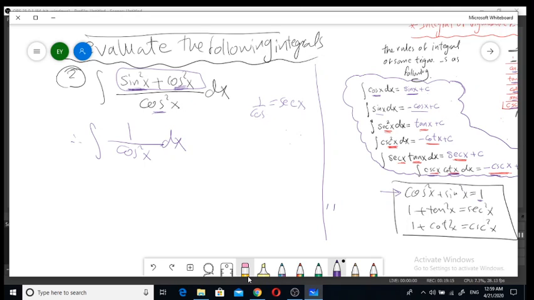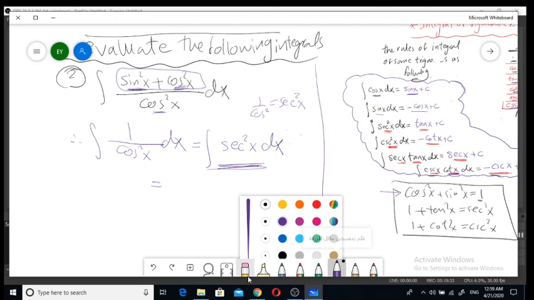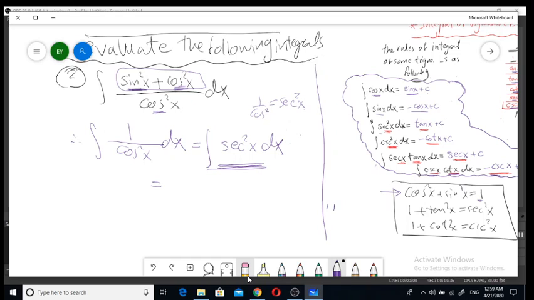So 1 over cosine squared x is equivalent to sec squared x. So we have the integral of sec squared x dx. Then easily we can find it, because we have in the table that the integral of sec squared x dx is going to be tan x. So we have tan x, and don't forget plus the constant. And this is the final answer.